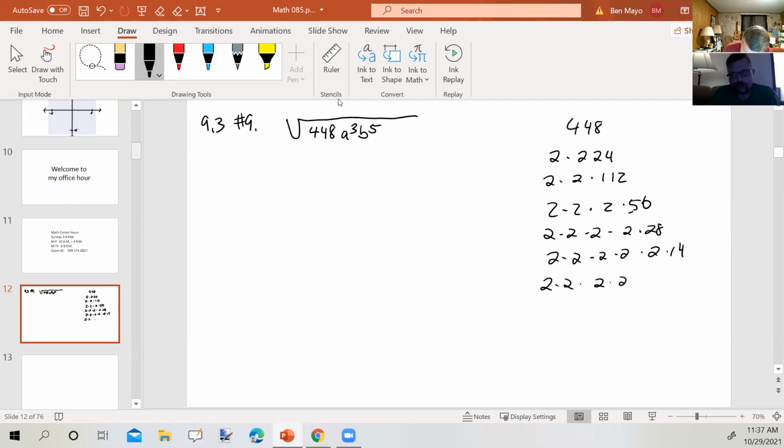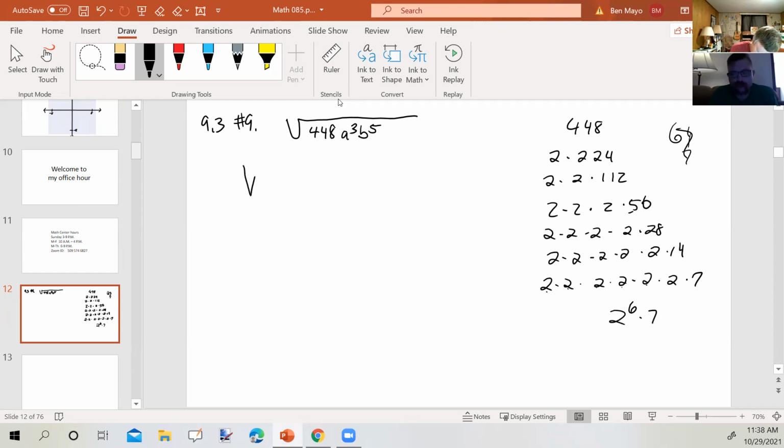And let's keep going here. 2 goes into 14 seven times. Let's see, 2, 4, 8, 16, 32, 64. Is 64 times 7 448? Yes. Okay, so I've got 2 to the 6th power times 7.